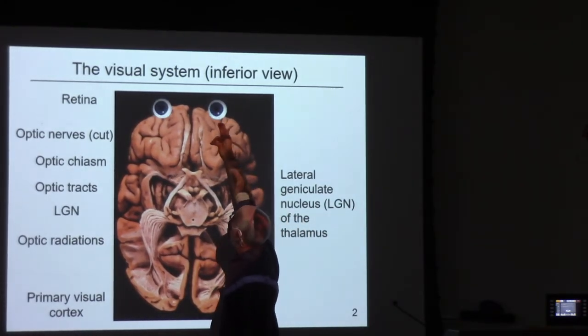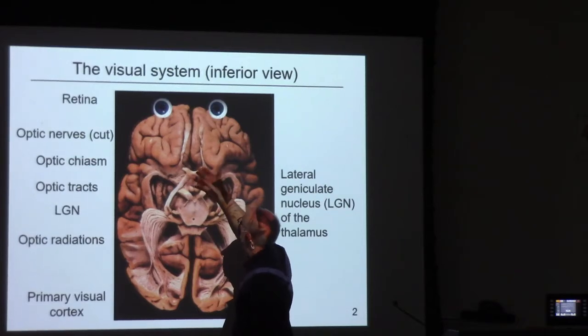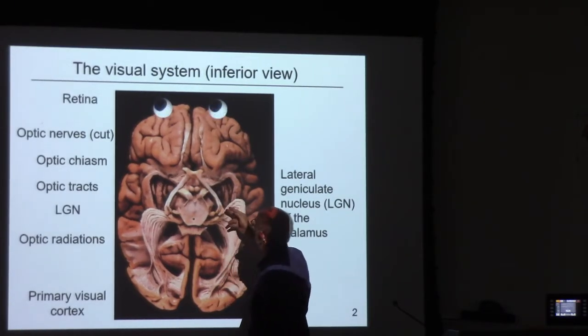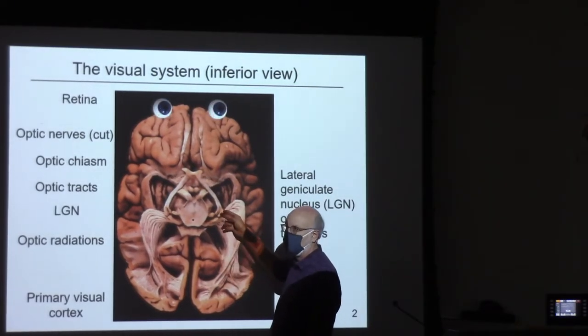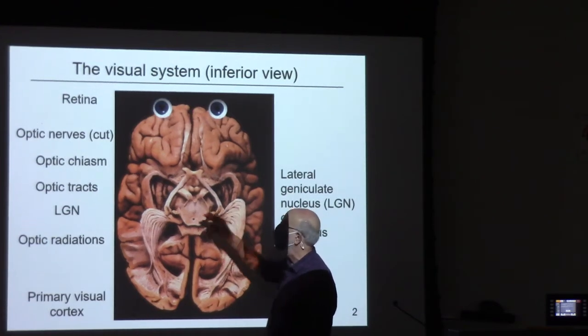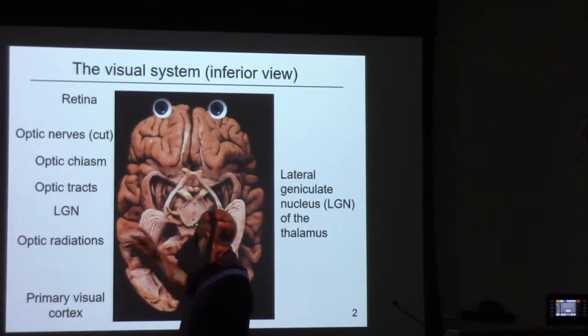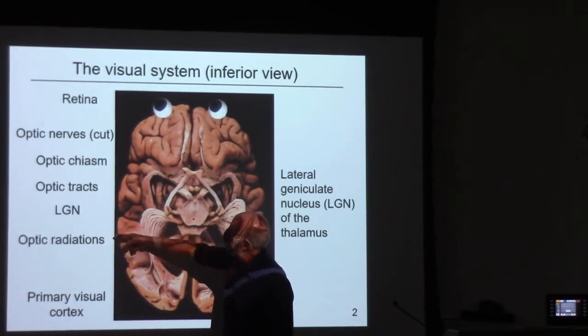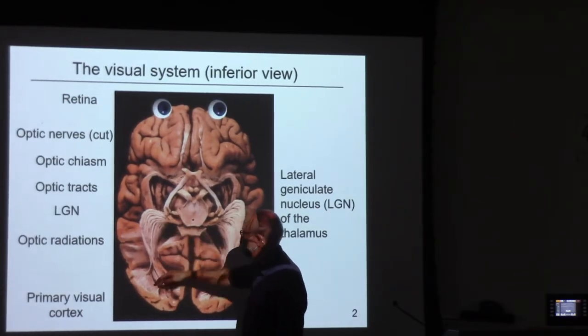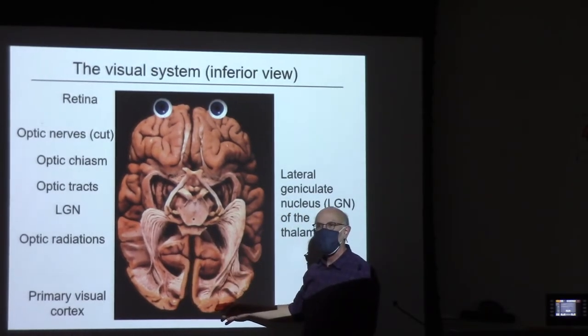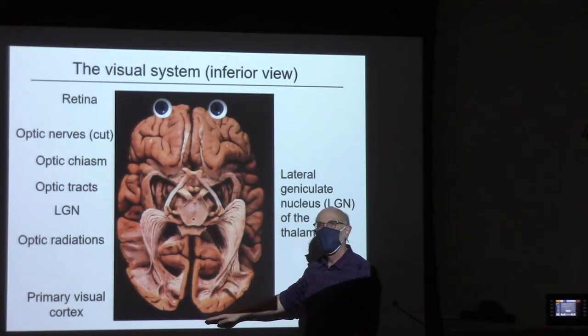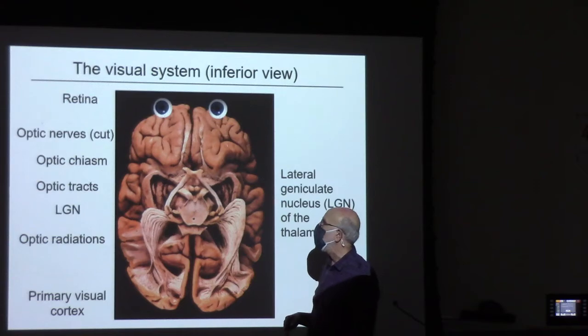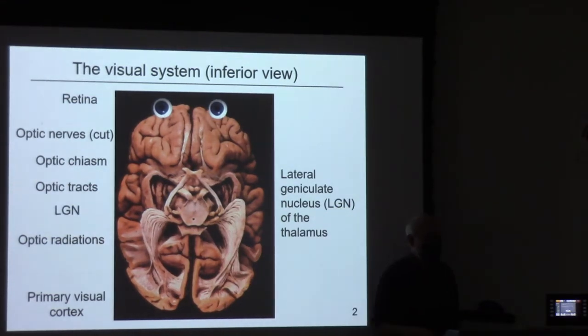So the retina, optic nerve, optic chiasm, thalamus, specifically the lateral geniculate nucleus of the thalamus. Then there's going to be nerves called the optic radiations from the thalamus to the primary visual cortex in the posterior occipital lobe. So that's an overview of the neuroanatomy that we need.